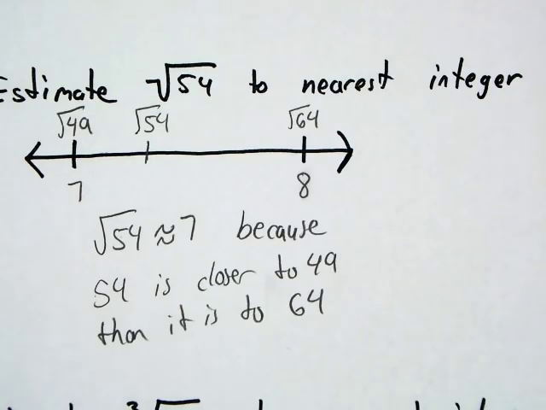So the best estimate, rounding to the nearest integer, it would be about 7 because 54 is closer to 49 than it is to 64.